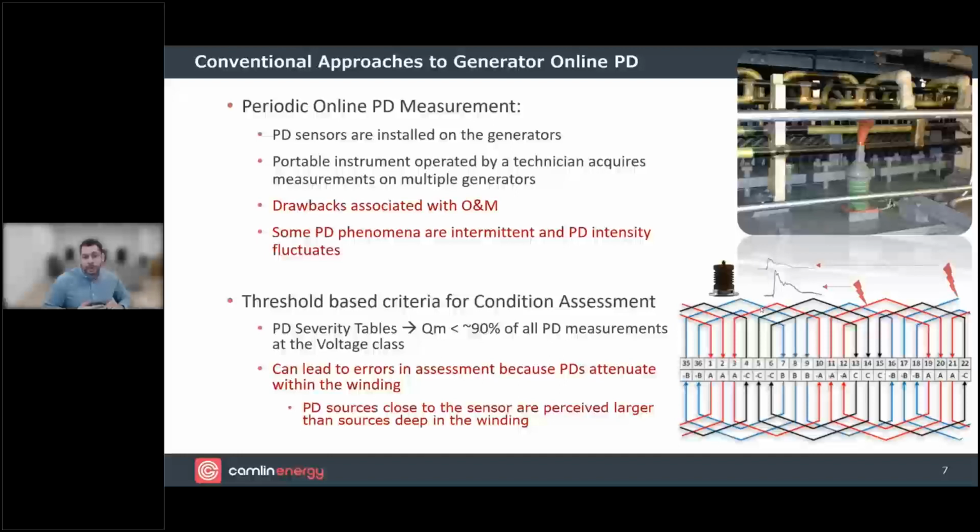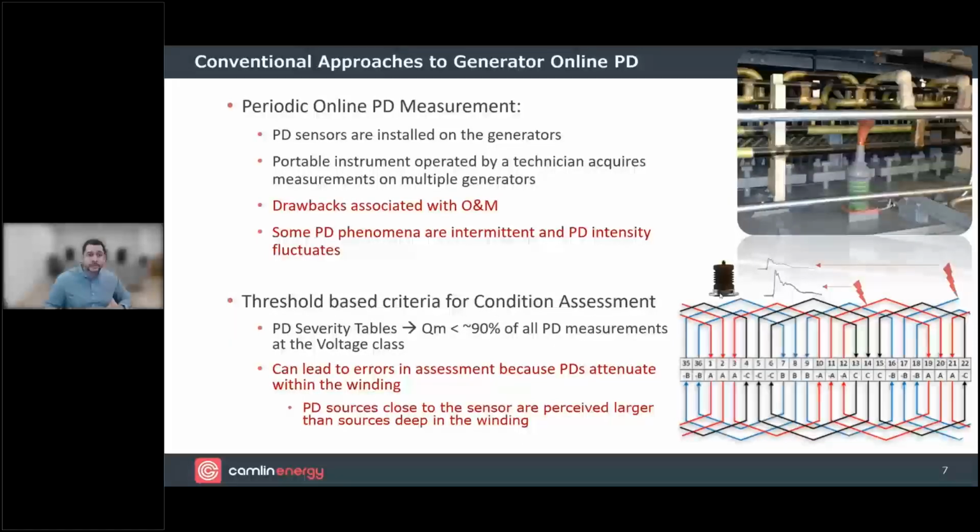And we can make an error in diagnosis because the pulses appear small at the sensor because we're only comparing them to severity. That would have a problem that is a very serious defect, only showing as something that's not so serious because we're comparing to just magnitude.